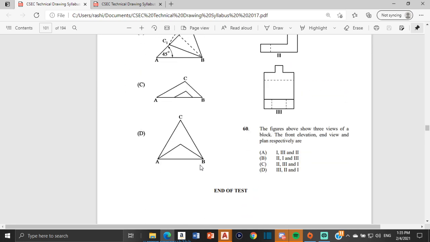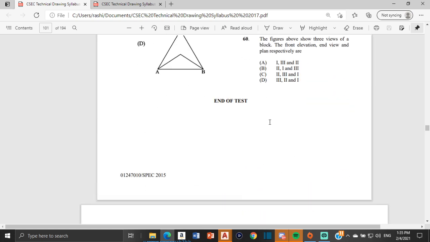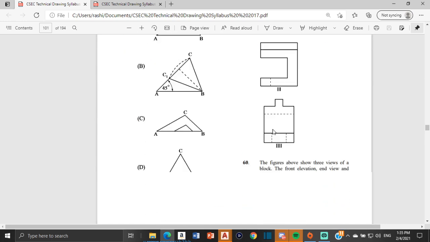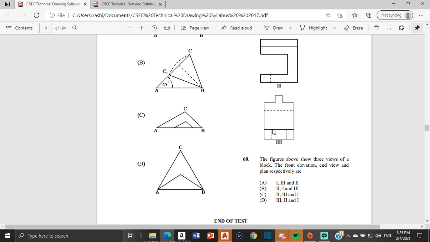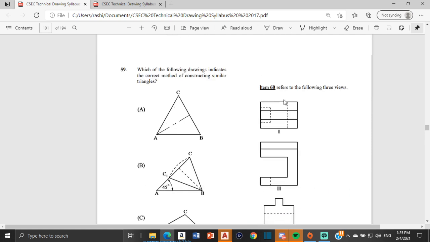Then number 60, the last question. The figures above show 3 views of a block. The front elevation, end view, and the plan respectively are front, end, and plan. Okay, so let's work out what is what.